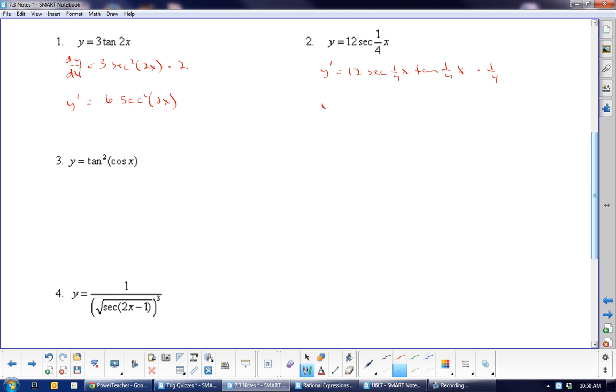Okay, the 1/4 and the 12 will get together. That's 12 over 4, so we'll get 3 secant x over 4 tan x over 4. I'm just going to write it that way so you get used to it; of course, if you left it as 1/4 x, it would not be wrong. But there is an invisible one still up there.